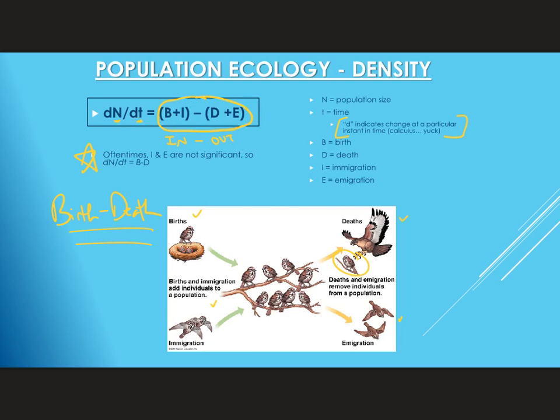The problem is, freshman year, we did this in a very rudimentary way. We said, well, there were 10 giraffes born and 4 died, so we have a change of 6. But that's just looking at one moment in time. It's not very realistic. So what we need to be able to do is dig a little bit deeper into this whole idea of density changes.